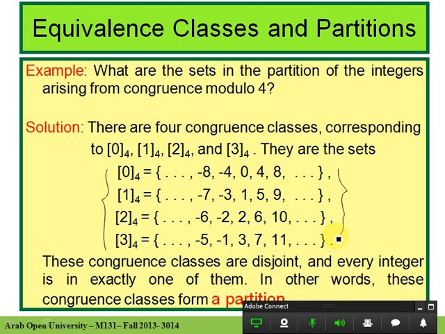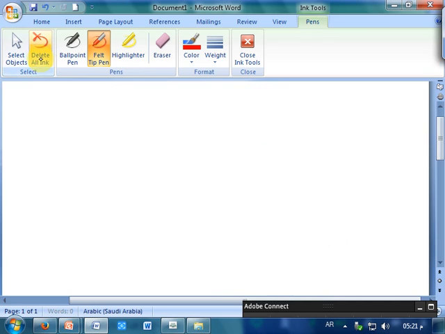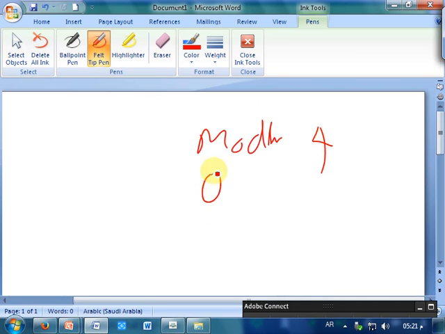We start from 0. 0 modulo 4: 0 divided by 4 goes 0 times, remaining 0. Clear? This is the remainder 0.